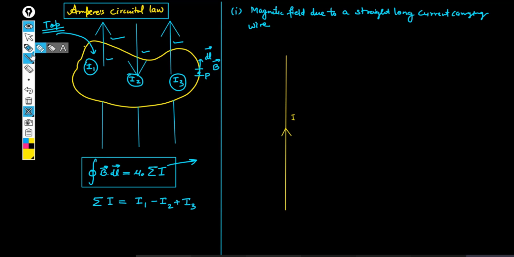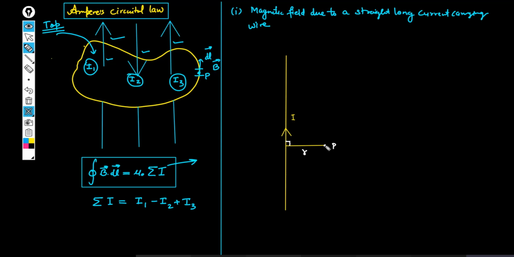Now due to this we want to calculate the magnetic field at a certain point. So first of all, let's say this is the point P, which is at a perpendicular distance r.